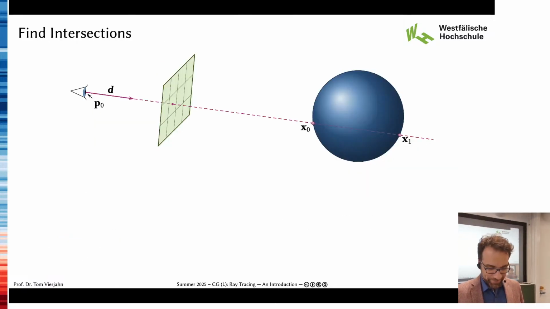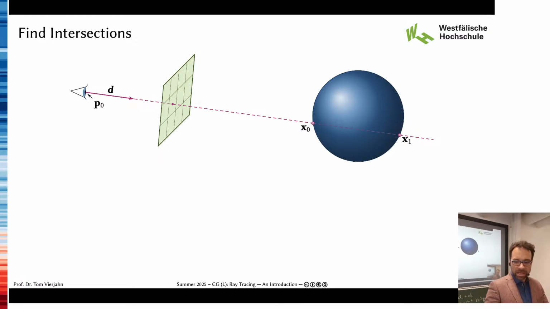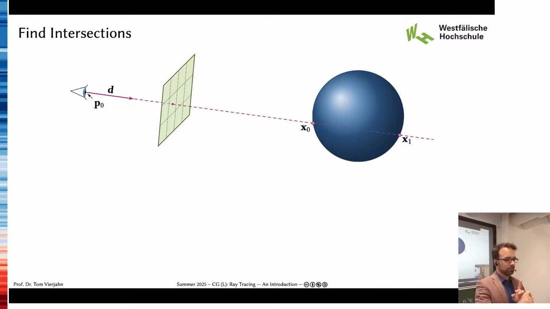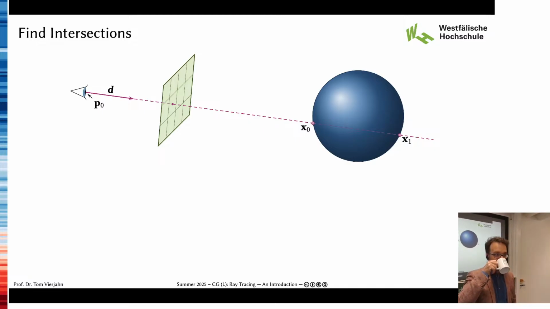All right, we can shoot the ray through the image, into the scene, and hit the sphere. How? How would we want to do that? The good thing is, you can pretty much look up the result in a math formula book, if you approach it the right way.